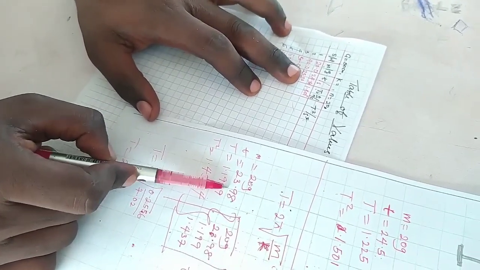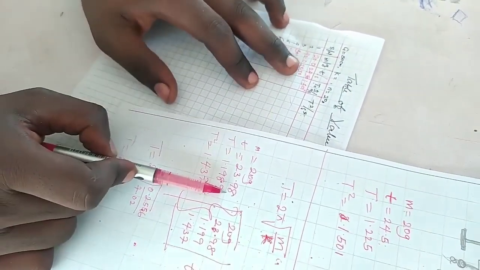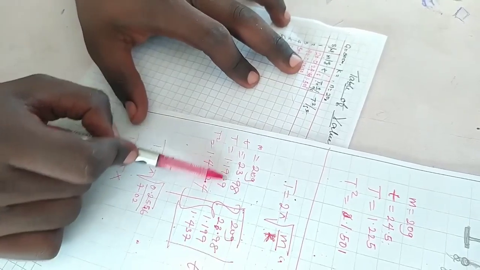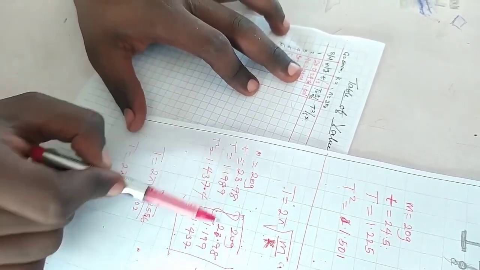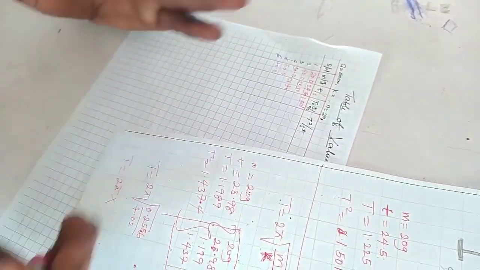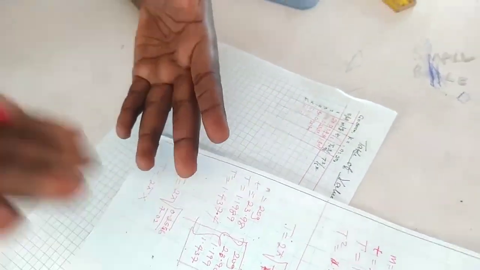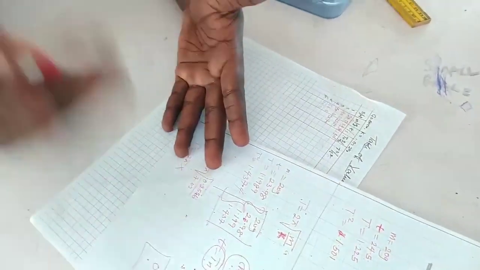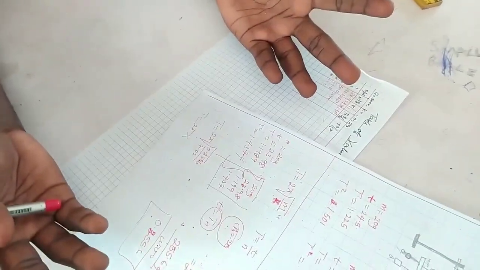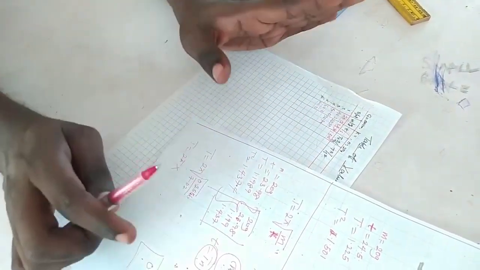They are approximately equal. To the nearest whole number, this one is going to be 25 and this one is going to be 24. So it's still in line. Am I making sense now? So there's just a slight difference. Why? Because as human beings, when you are counting, you are bound to make a mistake. Is that okay now? So this is not too far from each other. Do you get that clear now?